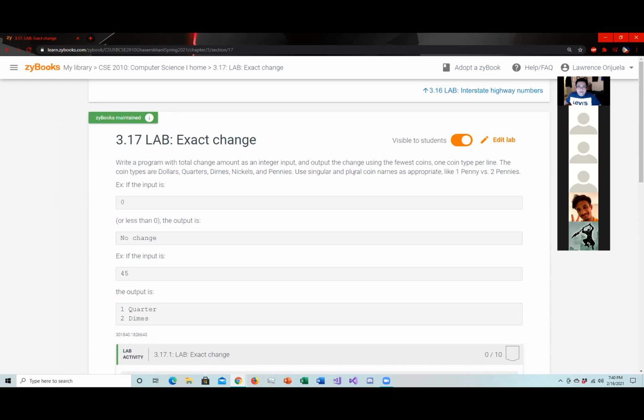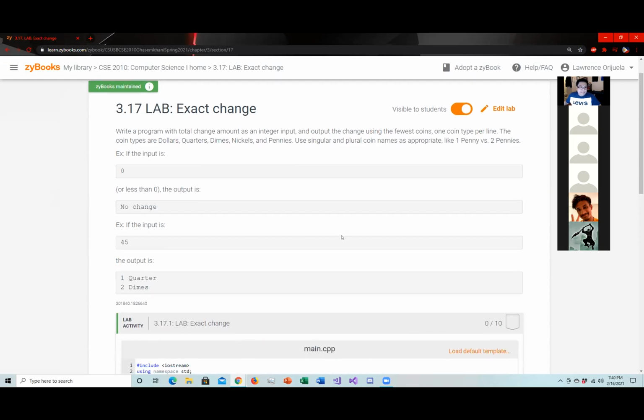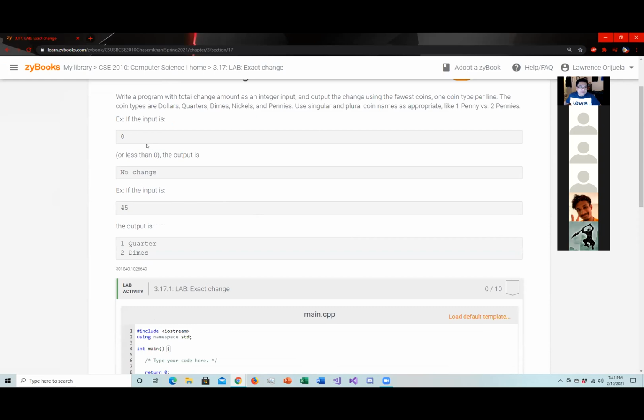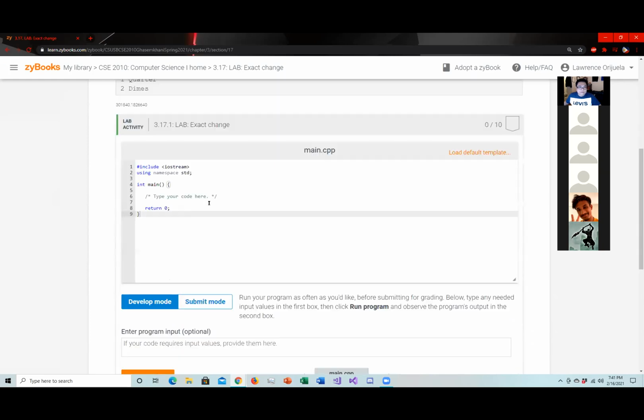Use singular and plural coin names as appropriate, like 1 penny versus 2 pennies. Now, if the input is 0, we output no change. But if the input is 45, we say 1 quarter and 2 dimes, right? Yeah.